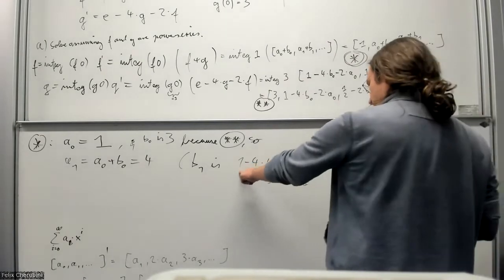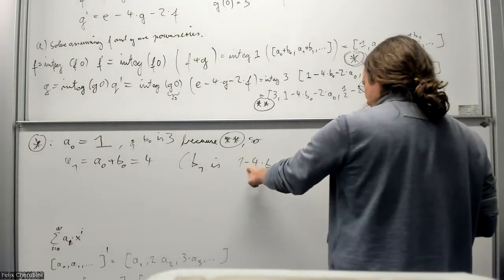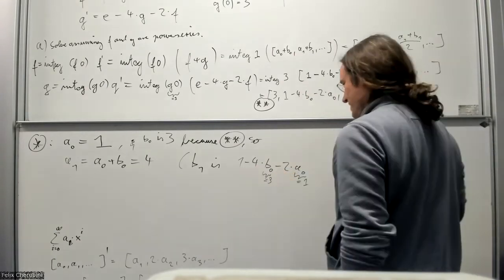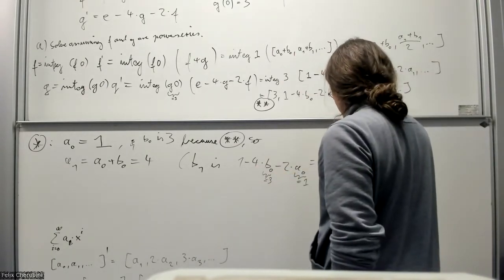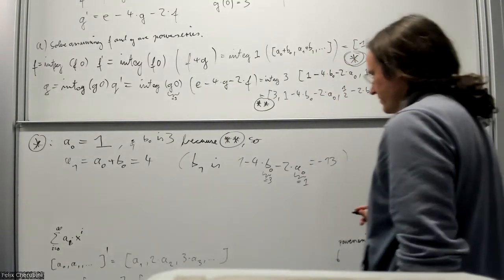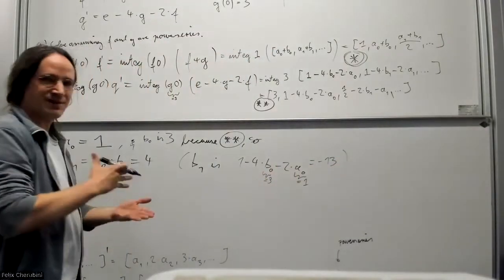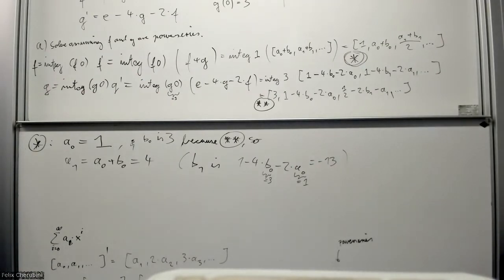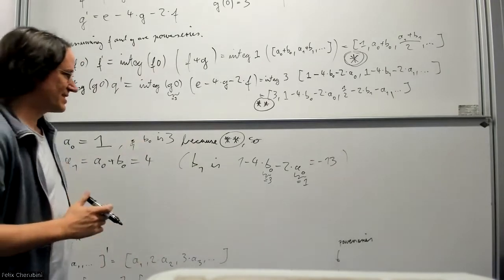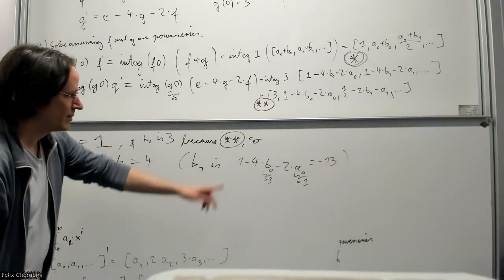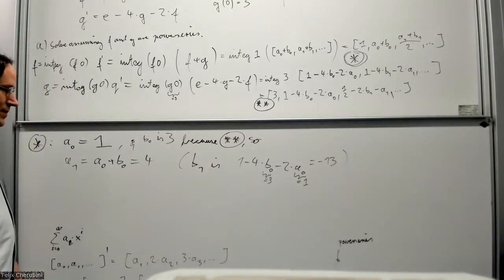So we have 1 minus 12 is 11 minus 2 is minus 13. And don't be distracted if you get large numbers for larger coefficients, because that usually happens when you just throw in equations like this. You will get large coefficients. Minus 13.